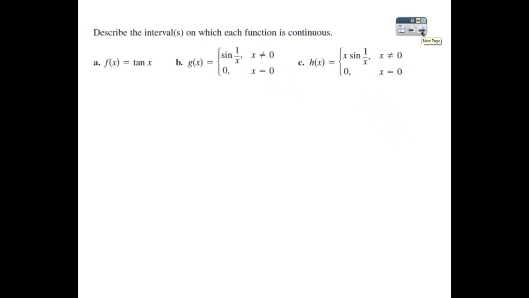Next, describe the intervals on which each function is continuous. Tangent of x is not continuous when cosine is 0, and that happens at pi over 2 plus pi n.